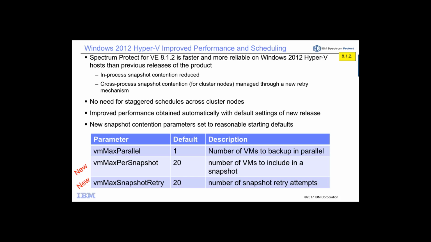The default for both of those is 20, and you can increase them depending on the performance of your system. But in trying these in our labs, we found that 20 was a good default for those. So just installing 8.1.2 should see increased performance and reliability on Windows 2012.